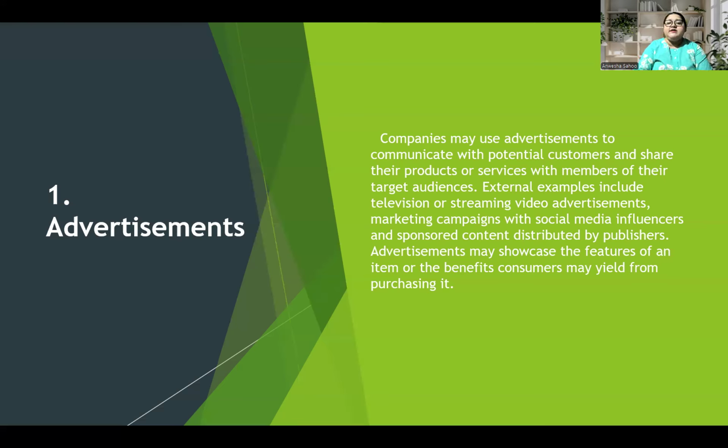Why? Because they want to give their information to us, and since we are interested in that kind of information, we are able to see it. So this is the beauty of advertisement.